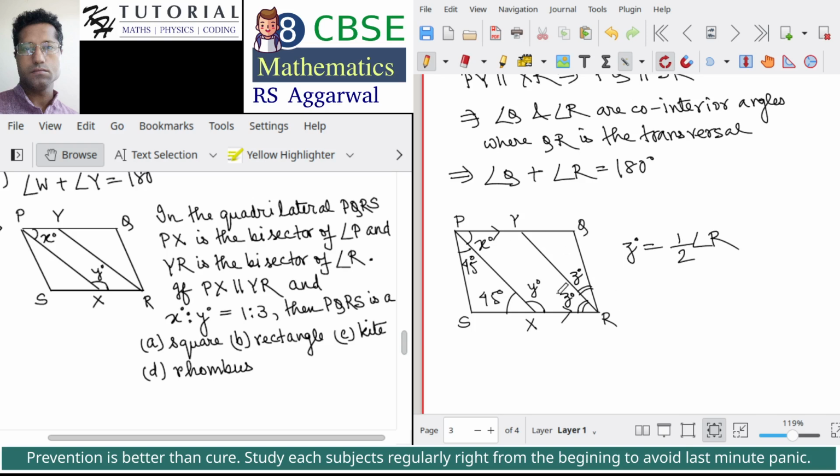And since PQ is parallel to SR, we must also have, PQ is parallel to SR, implies that this angle will also be Z degree.